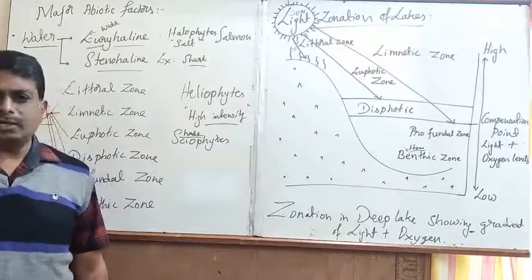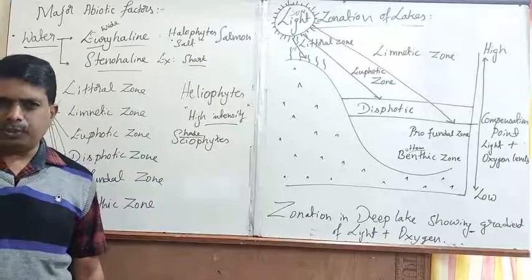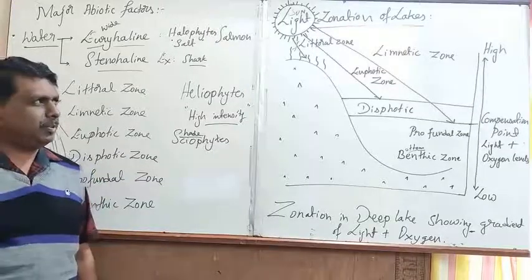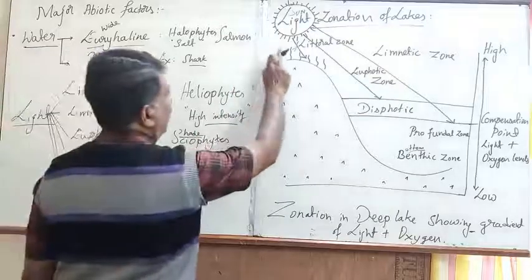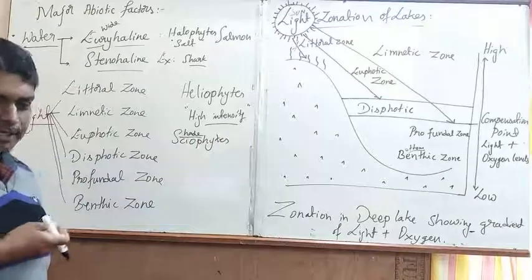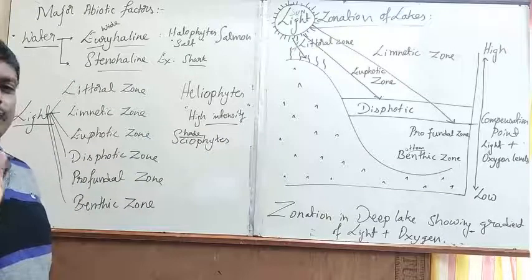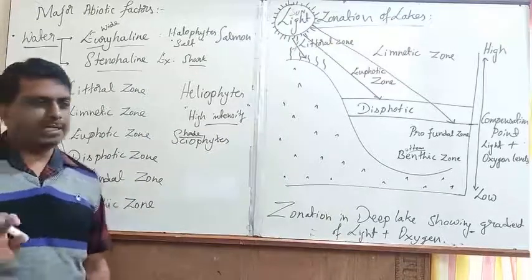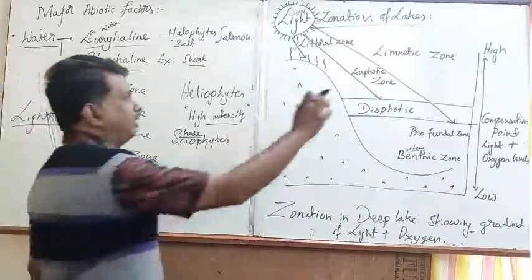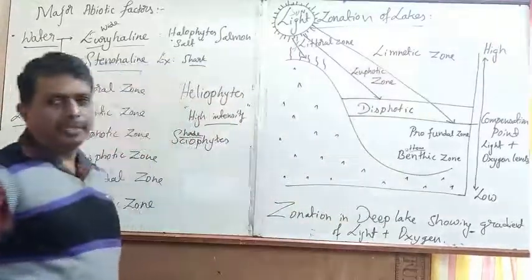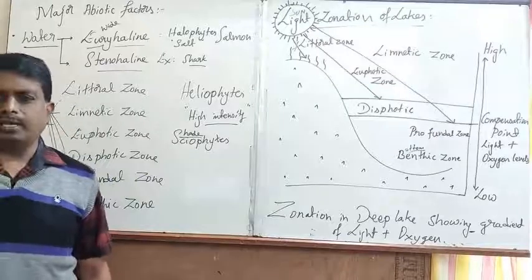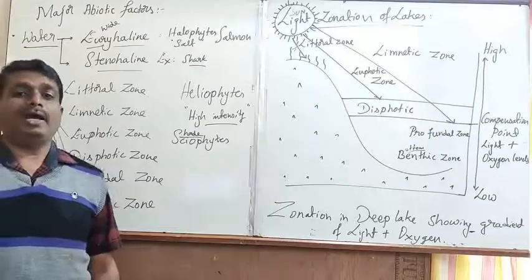The littoral zone is exposed to wave action, thereby you can expect high productivity in the littoral zone, characterized by the presence of floating phytoplankton derivatives. The second important one is the limnetic zone. In the limnetic zone, you can find open water body rich in phytoplankton.